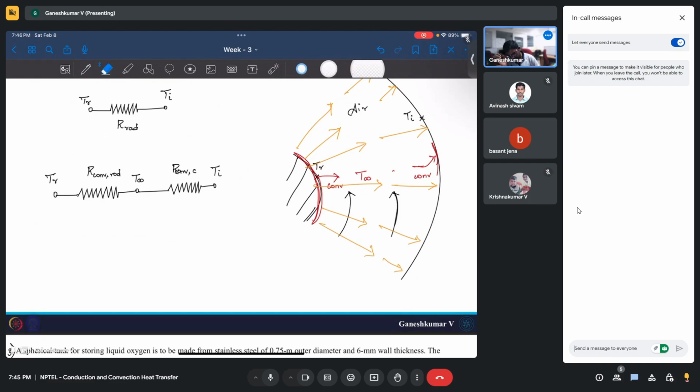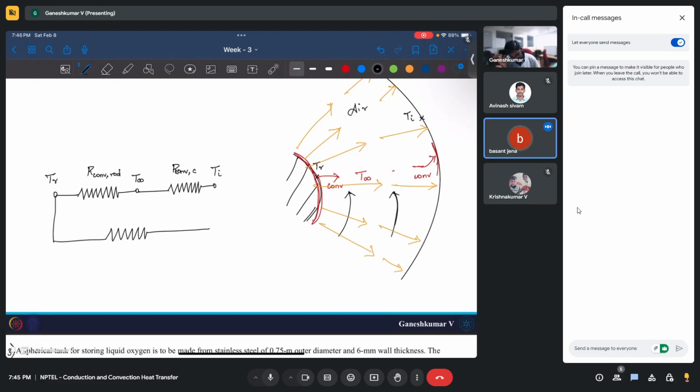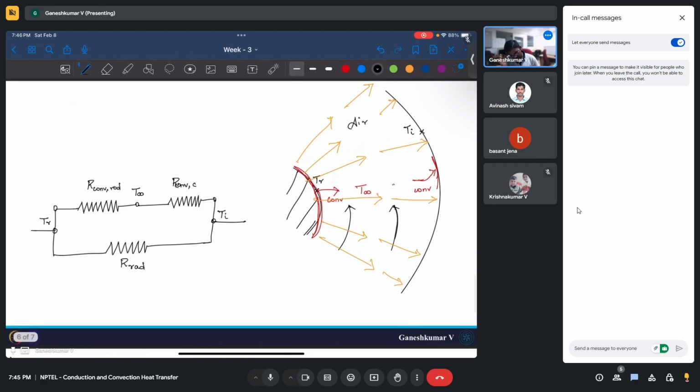You can just draw it as a radiation resistance. So you can move this to TR and TI.